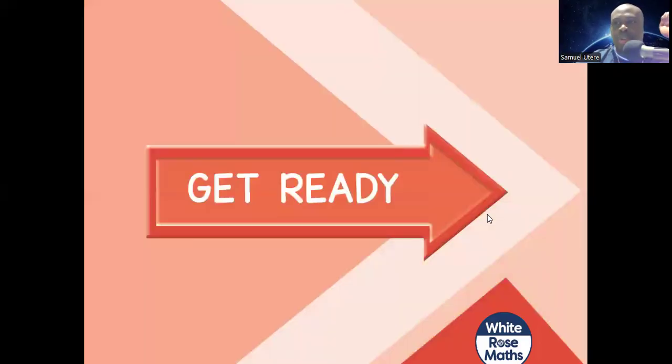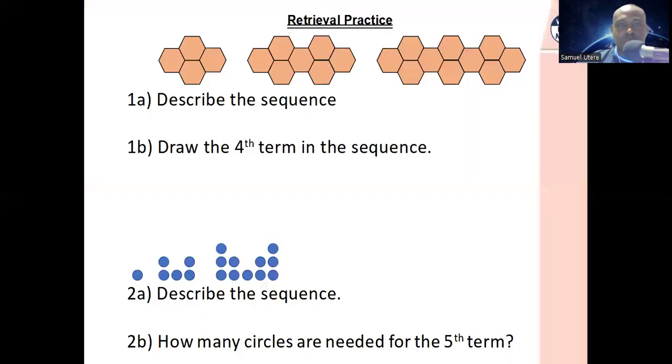But before we do some learning, I would like you to do some retrieval practice to help you recall what you learned in your previous lesson. I'll give you 3 minutes to get this done. I'll be generous, I'll make it 4.